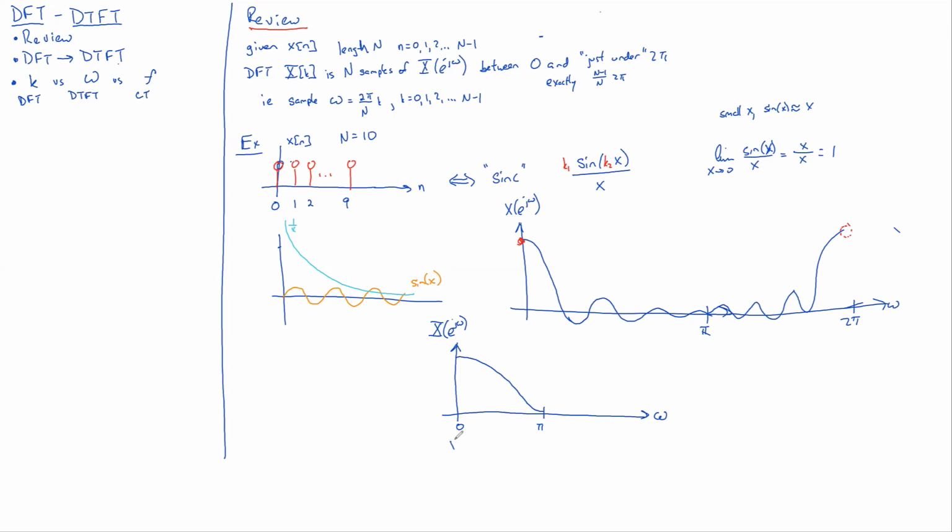Remember that the DFT is a sampled DTFT. And it's sampled up to just before the omega of the DTFT would be 2 pi. So we can extend that up here. Oh, that's pretty poor. Let me try that again. That's better. All right. So we want to sample it to just 1 under 2 pi.